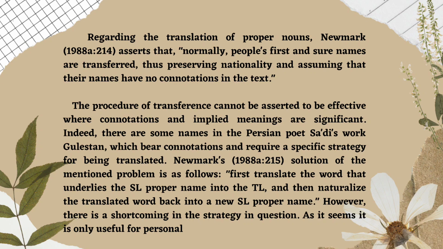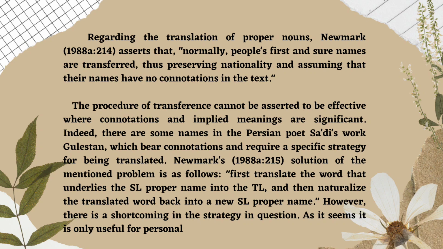The procedure of transference cannot be asserted to be effective where connotation and implied meanings are significant. Indeed, there are some names in the Persian poet Sadi's works, such as Gulistan, which bear connotation and require a specific strategy for being translated.